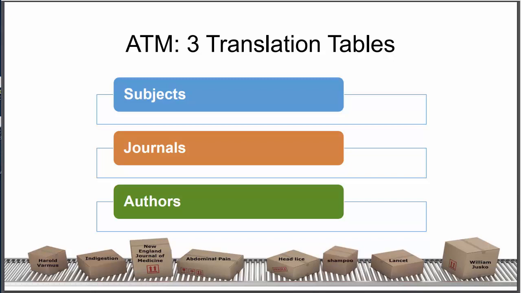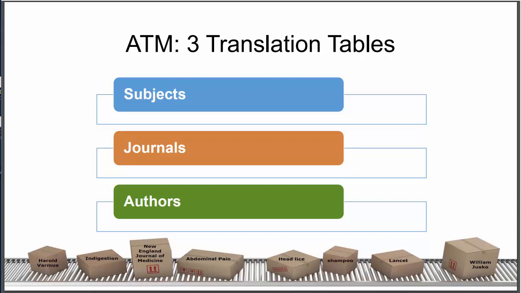NLM refers to these as tables, but you might also envision them as an index in the back of a book. The tables are lists of words, journal details, and author names that appear in PubMed. The 3 translation tables are subjects, journals, and authors, and that's the order that automatic term mapping goes in.